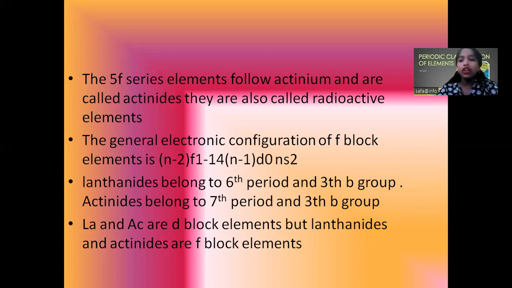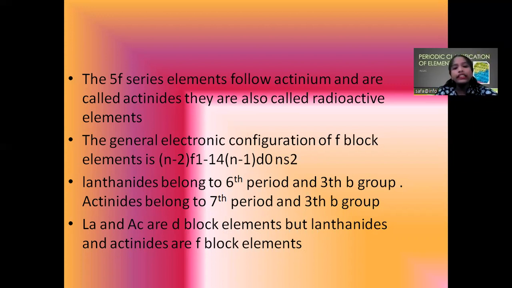The general electronic configuration of F block elements is (n-2)f1-14 (n-1)d0 ns2. Lanthanides belong to the 6th period and 3rd B group. Actinides belong to the 7th period and 3rd B group. La and Ac are D block elements, but lanthanides and actinides are F block elements.